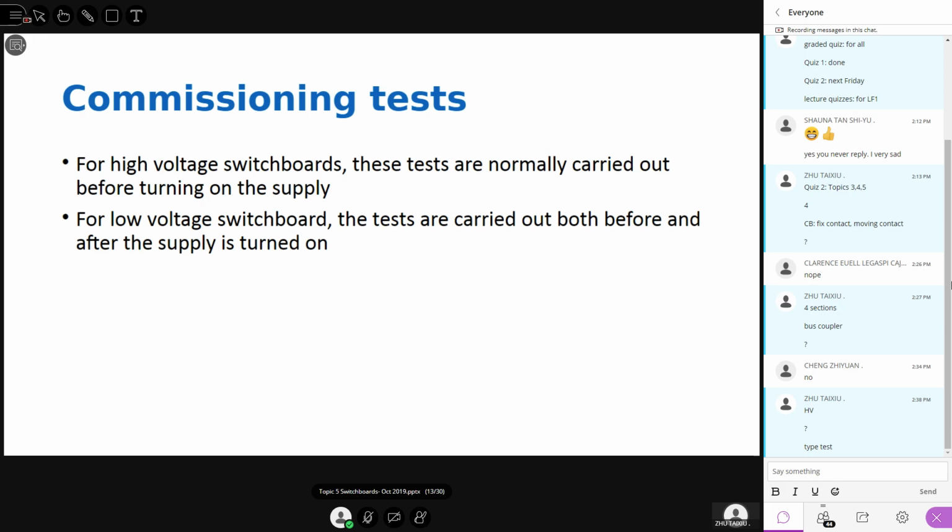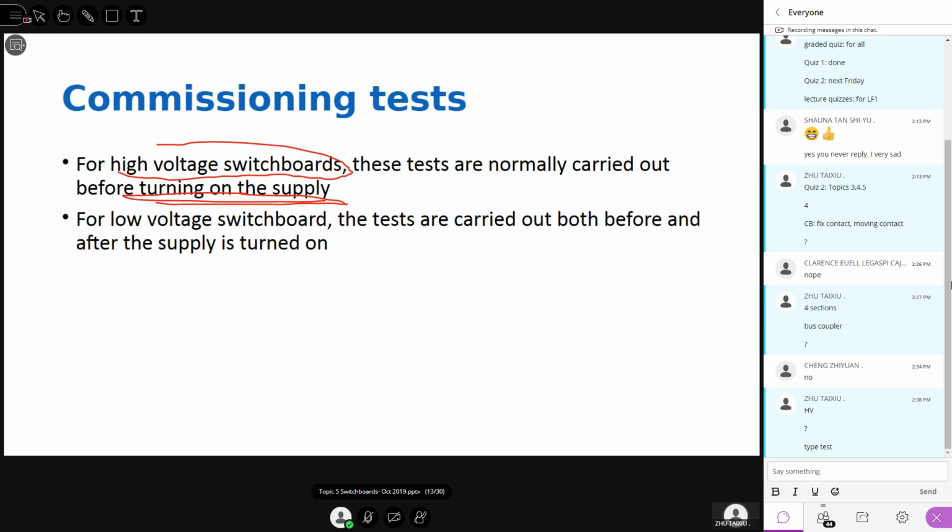In the commissioning test for high voltage switchboards, it is normally carried out before turning on the supply. Meaning, if you are doing a high voltage switchboard, the commissioning test is done before the switchboard is energized. Before you turn on the power supply.